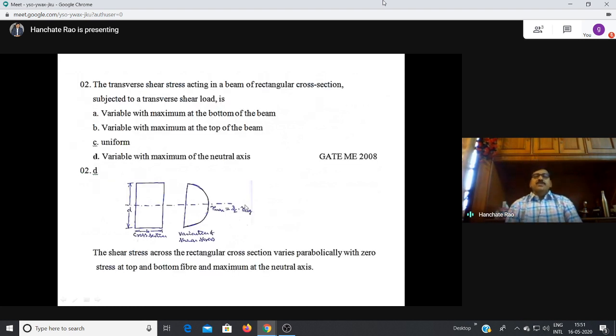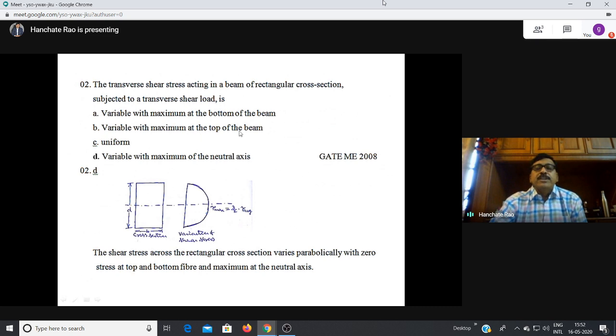The transverse shear stress acting in a beam of rectangular cross section subjected to a transverse shear load is variable with maximum at the bottom of the beam. Wrong. At the bottom of the beam, the shear stress is 0.